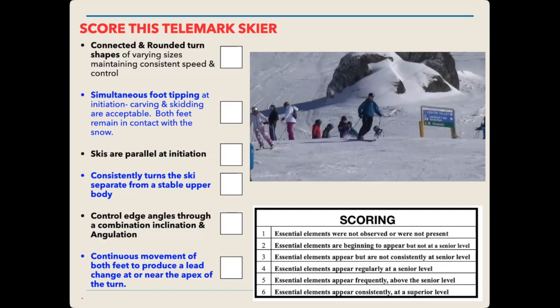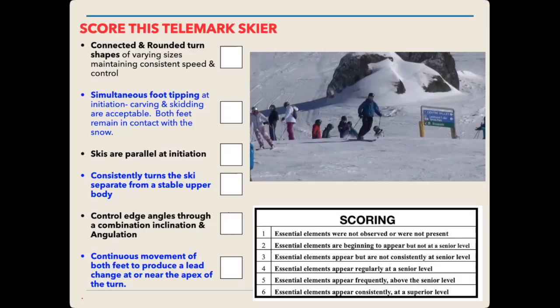Let's look at the scoring criteria in the bottom box from 1 to 6, with 4 being at the senior level. I like to start all the scoring assuming this skier is going to be at the level for all the criteria. Those that appear above level frequently, I'll score higher than 4.